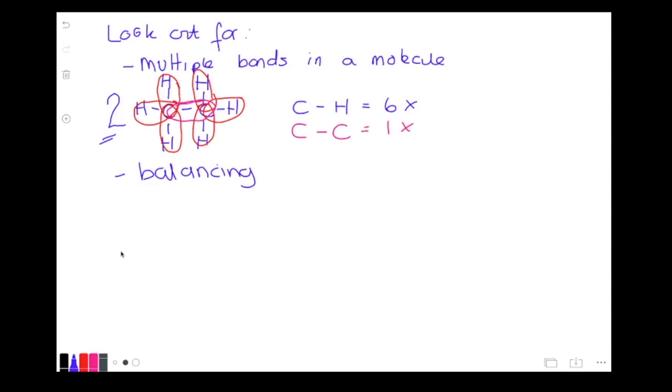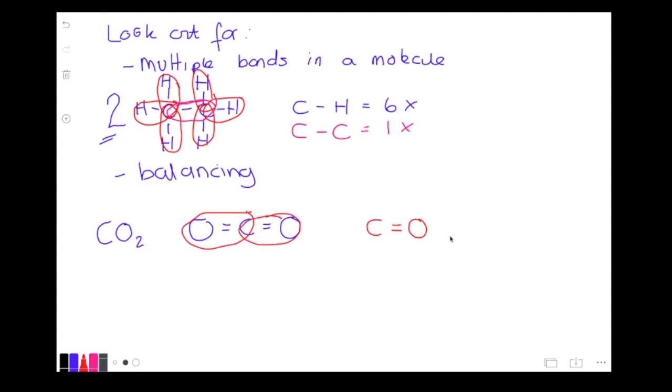Now, the other thing I'd look out for is, and this really comes up under the first point about multiple bonds, things like carbon dioxide. So this is what a molecule of carbon dioxide looks like, and we know this is CO2. So when we're counting the bonds for this one, just be careful, because it's obvious that there's a C double bond O, but actually in one molecule of carbon dioxide, there's 2 of those.